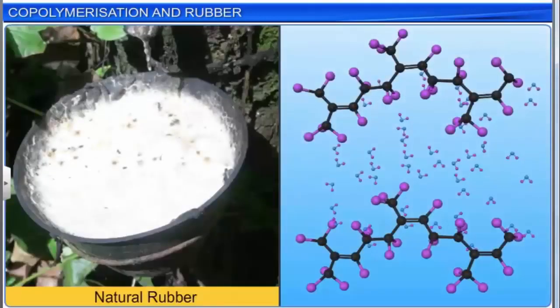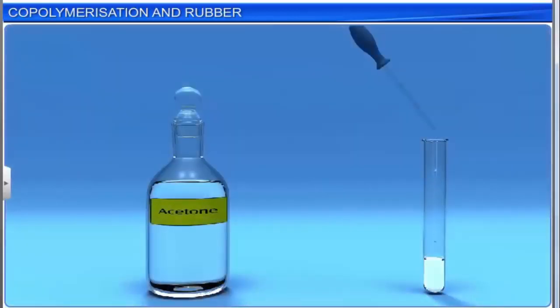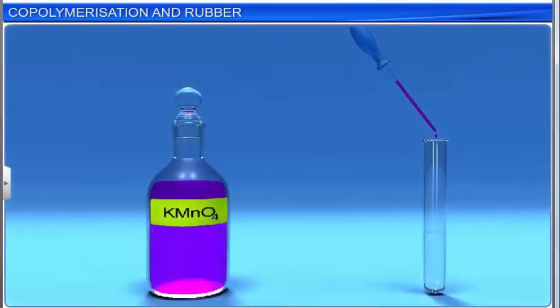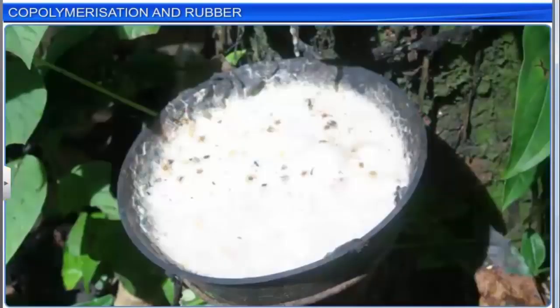Natural rubber absorbs water. It is soluble in non-polar solvents and is susceptible to attack by oxidizing agents. These properties of natural rubber limit its usefulness.